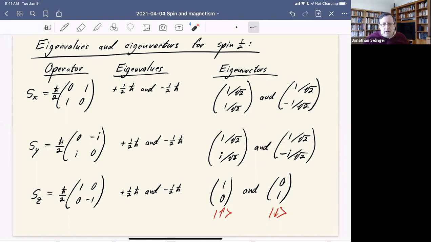So this is a state that you can use in the same way that we've been using states all through the semester, to figure out the probabilities and expectation values.